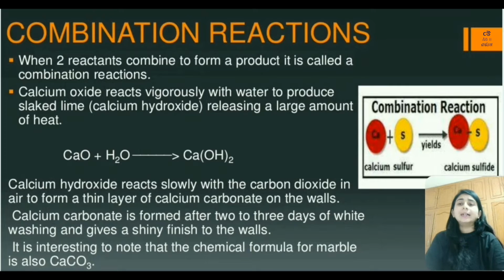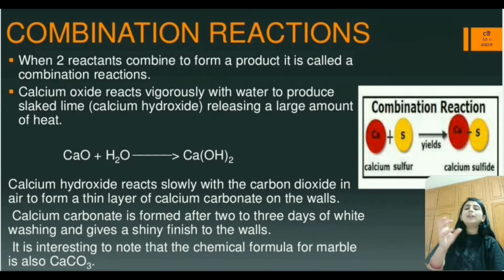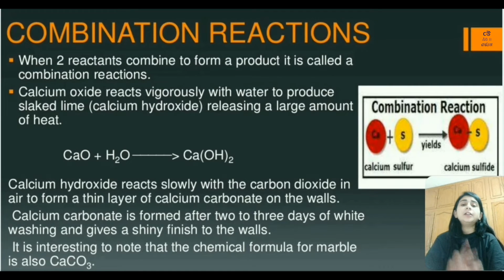Calcium oxide reacts vigorously with water to produce slaked lime, which is also known as calcium hydroxide, and this is going to release a large amount of heat. So what is a combination reaction? वो सारे reactions जहाँ पर दो substances आपस में combine करते हैं, आपस में react करते हैं, so that they could form something new. That would be a combination reaction.